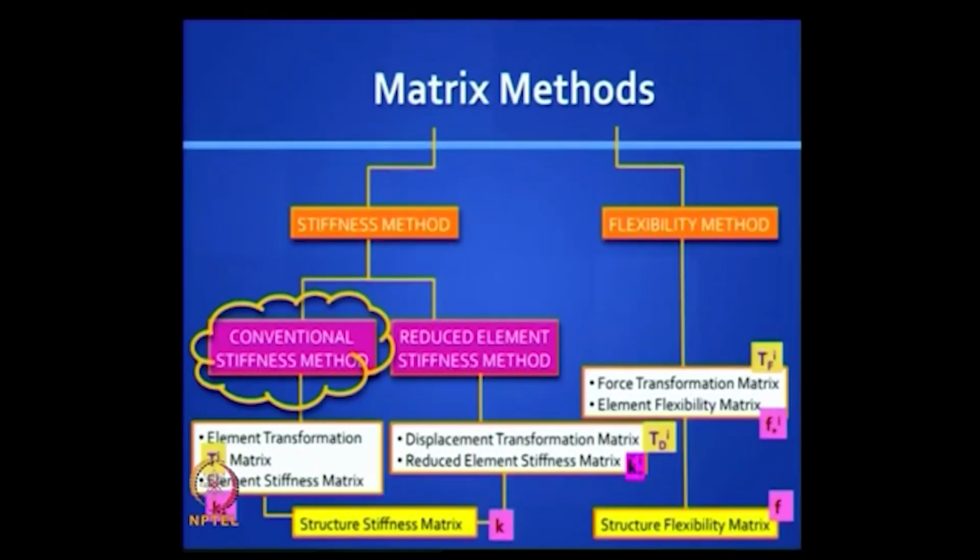Reduced element stiffness method is very good if you want to program yourself, and some of your senior students have developed beautiful programs using MATLAB which actually can do space frame analysis, and I like to demonstrate this at some point just using matrix methods. Reduced element stiffness method can also be used, and there is also the flexibility method, which on a case to case basis you could use, because it's appropriate to use the flexibility method when the degree of static indeterminacy is very small in relation to the degree of kinematic indeterminacy.